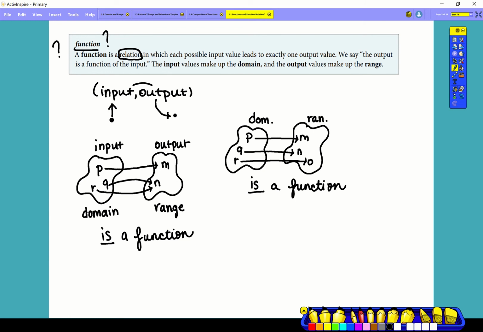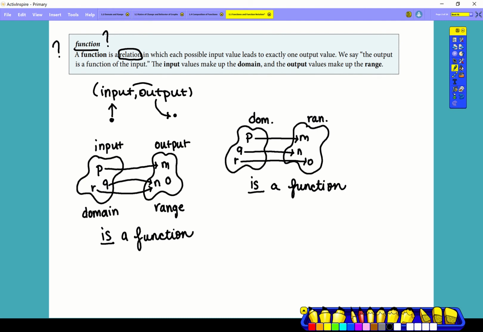Also notice if we go back to this input-output model, if I added an O here, that's okay. That's still a function. There's nothing in the definition that says something in the output has got to be associated with an input, at least mathematically. But what we cannot have is an x that goes to nothing. For reasons that will be specified later, it's very important that we don't have an x that goes to nothing.